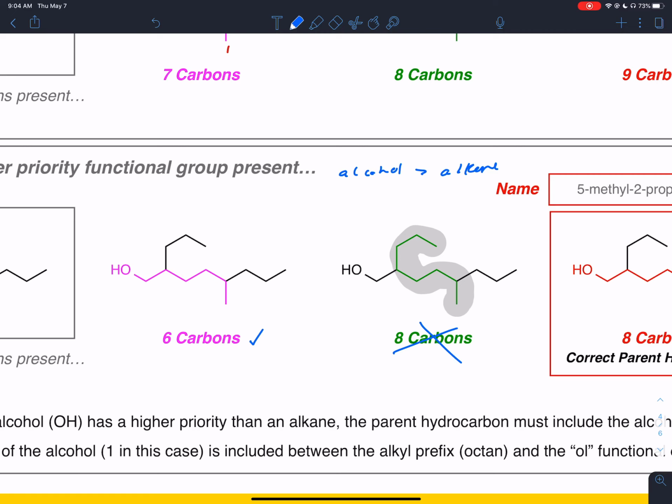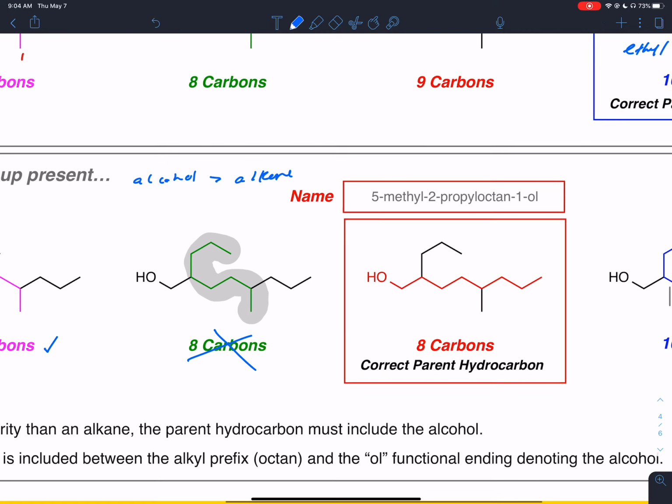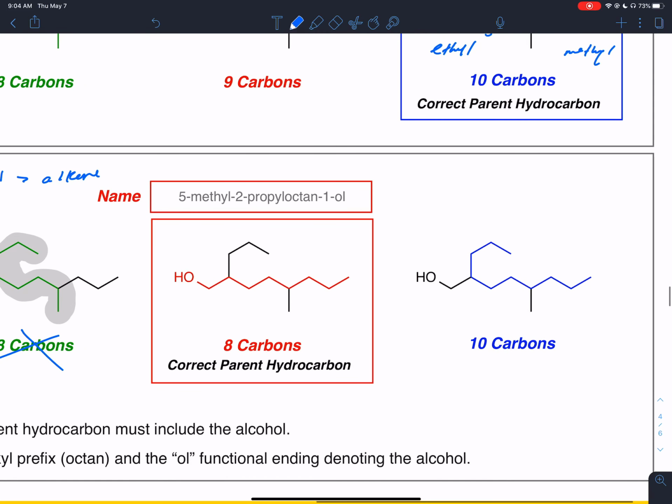This is still looking okay right now, but if you go a little bit further, we see that there's a chain that is 8 carbons in length that does possess the carbon bonded to the alcohol. And lastly, there's a 10-carbon chain, but remember here, that chain is not possessing the carbon that is directly bonded to the alcohol. And accordingly, that is not our parent hydrocarbon.